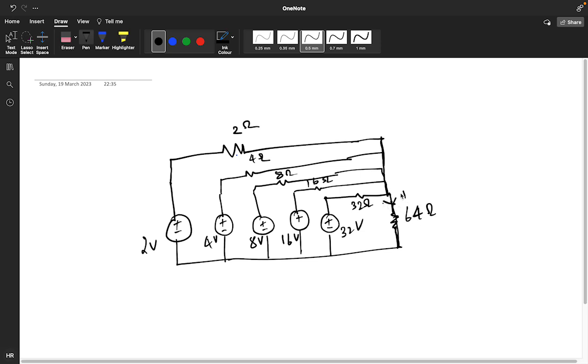I just missed one point. You need to find the value of I. So guys, how will you do it?